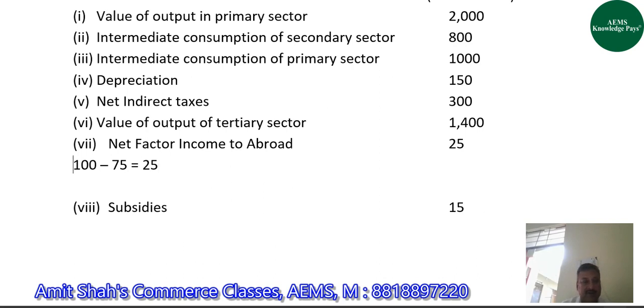This is how it is coming as 25. This is earned by foreigners from India. This is earned by Indians from foreign. Whereas we want net factor income from abroad, and for that what do we do? Factor income earned by residents from foreign minus factor income earned by foreigners from India. So this would then be minus 25 crores. I hope you all have understood this. Yes or no, guys?